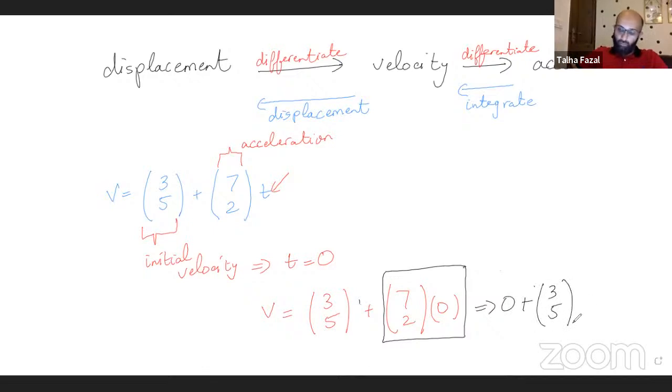Now this 3 and 5, you can find the modulus of this velocity by doing v equals square root of 3 squared plus 5 squared. You can find the initial velocity as square root of 34, and you can calculate this using your calculator, and you get the value of the initial velocity.